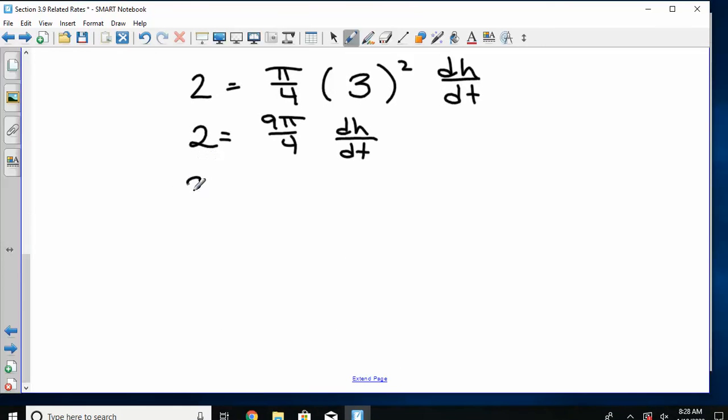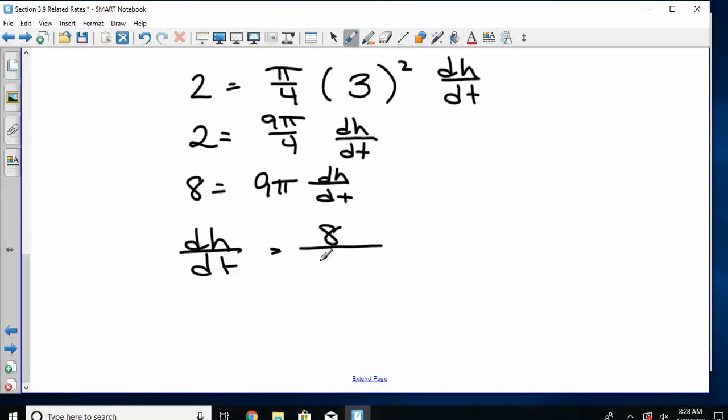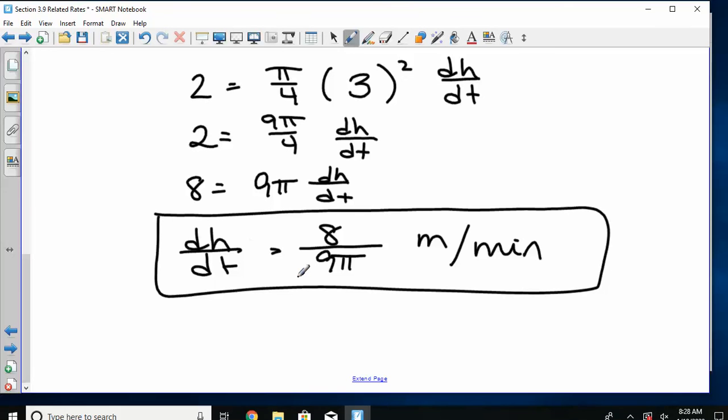Okay, so if I multiply over my 4, divide by my 9 pi, my dh dt is 8 over 9 pi. h was the height. My height here was measured in meters per. t was time, and my time was measured in minutes. So that tells me at that instant how fast the height is rising.